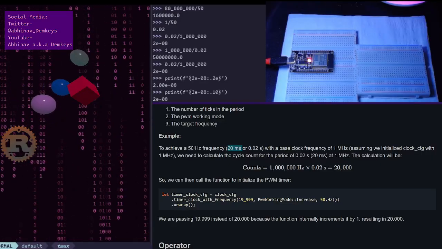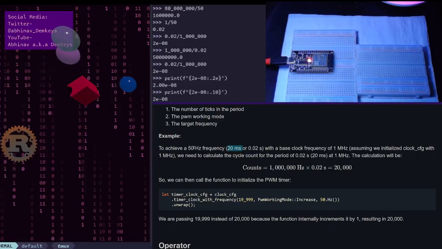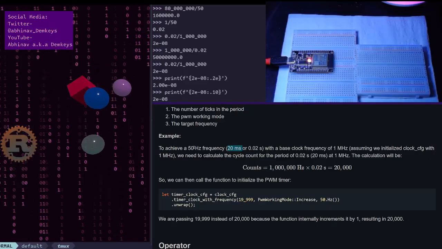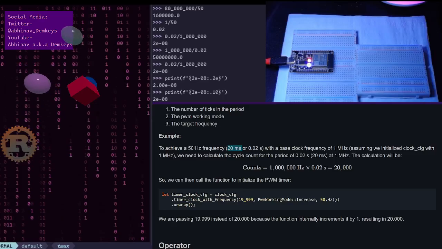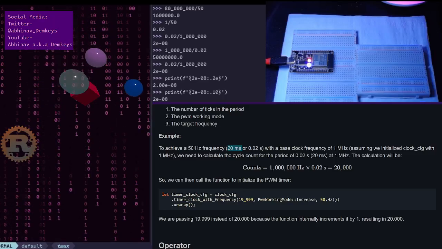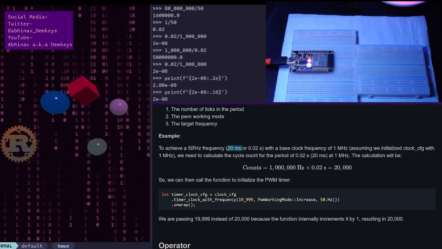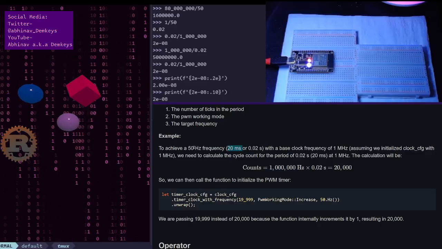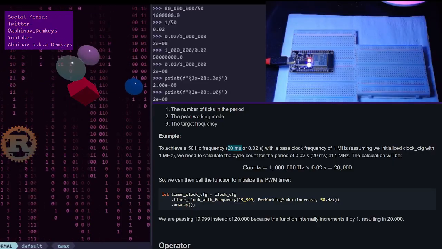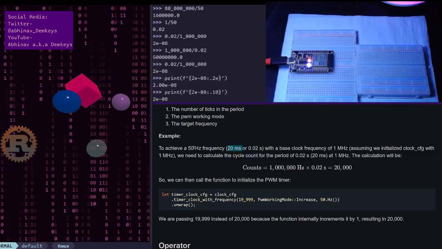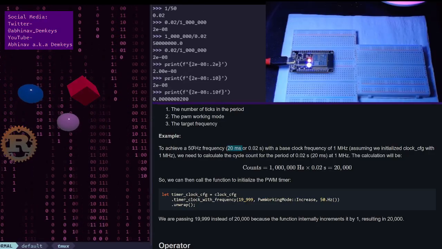No, I want to print the non-scientific value. 8f, format to 8 decimal places. Oh, 10f is 10 decimal places. Okay, okay. All right.